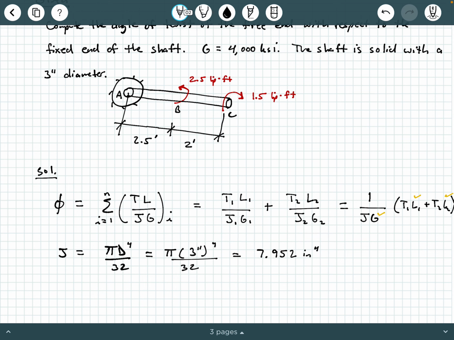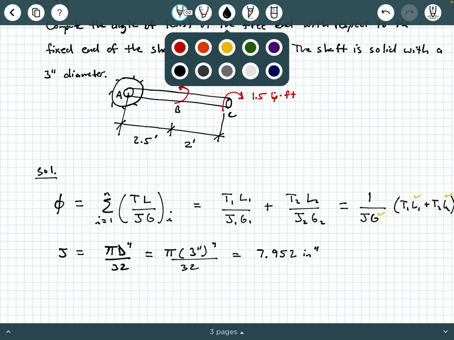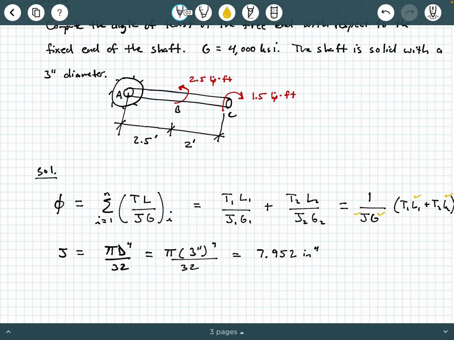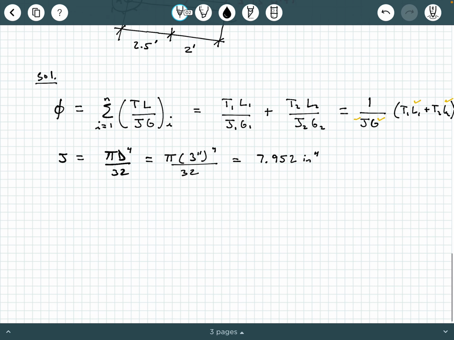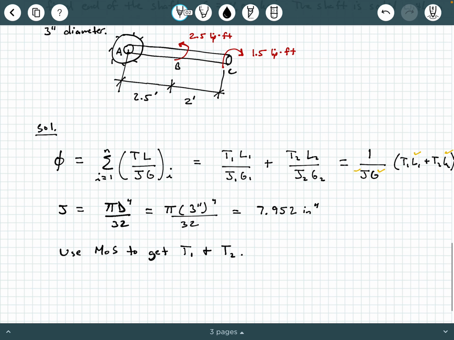What do we do next? Well, we can check off J. Now what we need is T1 and T2. So what I'm going to do now is use method of sections to get T1 and T2. How about we call the left segment, which is AB, segment 1, and BC we're going to call segment 2.